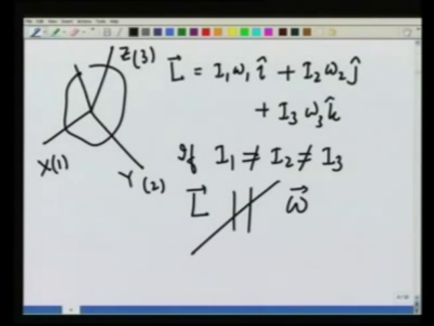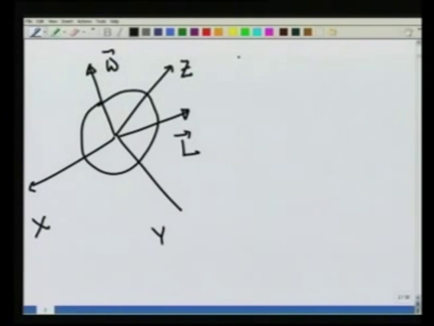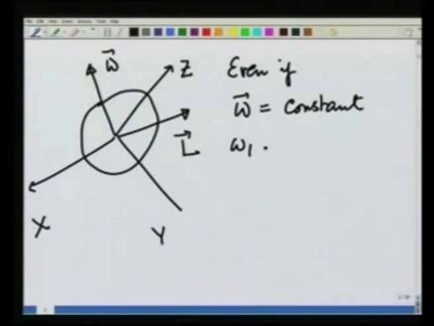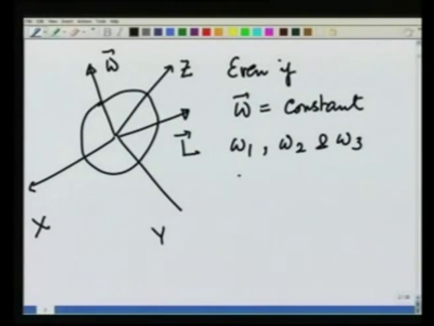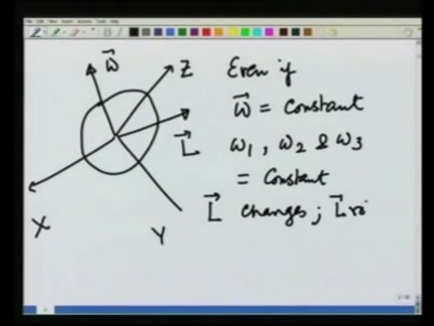So if suppose this is omega, so that it has components in the 1, 2 and 3 directions, this could be L. Even if we take omega to be a constant, and even if omega 1, omega 2 and omega 3, that is the components of omega along the principal axes, are constant, L is going to change, because L rotates about omega.